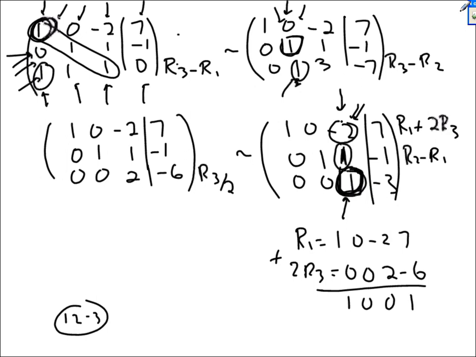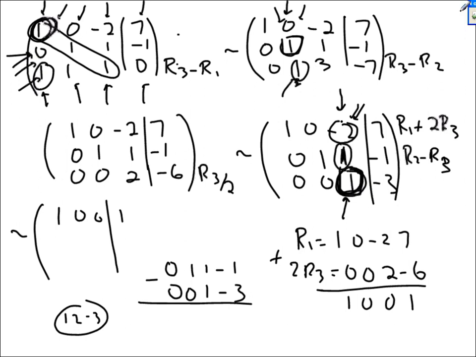Okay, that's the new row 1. Row 2 minus row 3, excuse me: 0, 1, 0, 2, minus 0, 0, 1, negative 3 gives 0, 1, 0, 2.